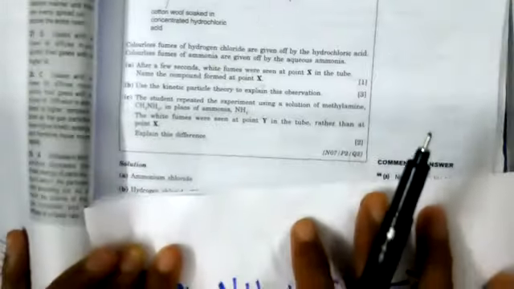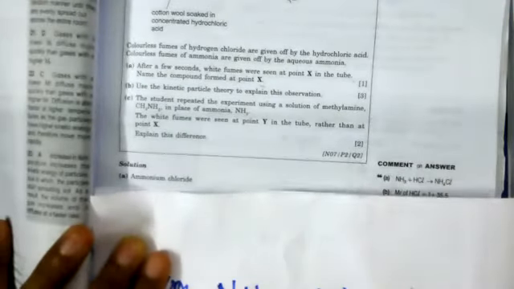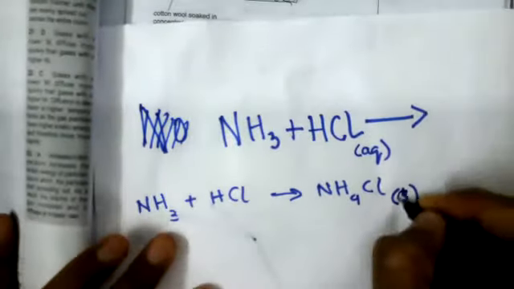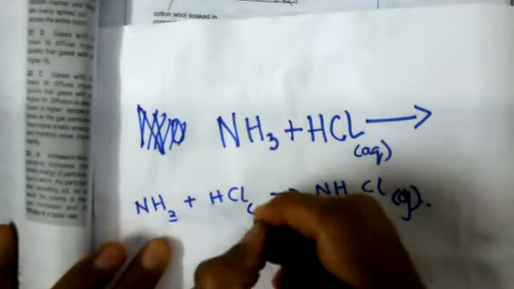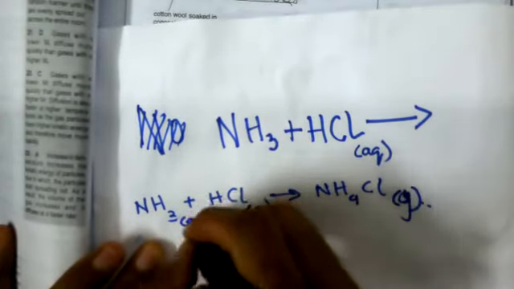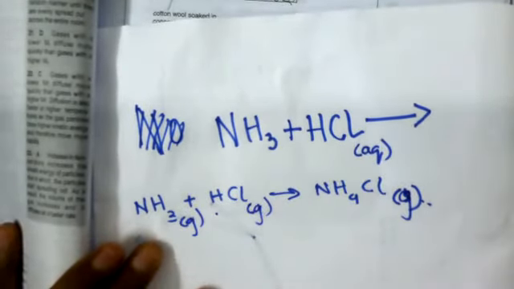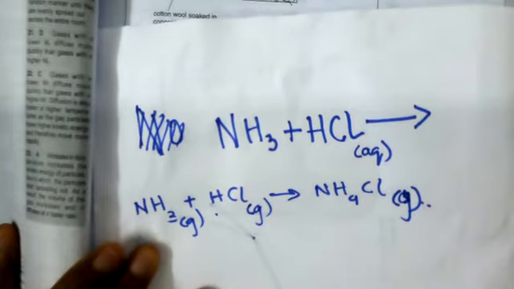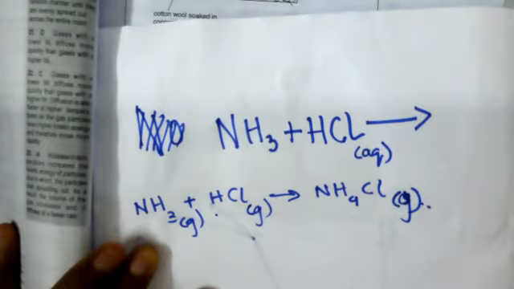So the product is also in the gaseous state, I think. Yes, this will also be in gaseous state. All these are fumes, so all of them are in gaseous state. Yes, Rafi, you want to ask something? Yes, teacher. When hydrochloric and ammonia react, they always form solid.